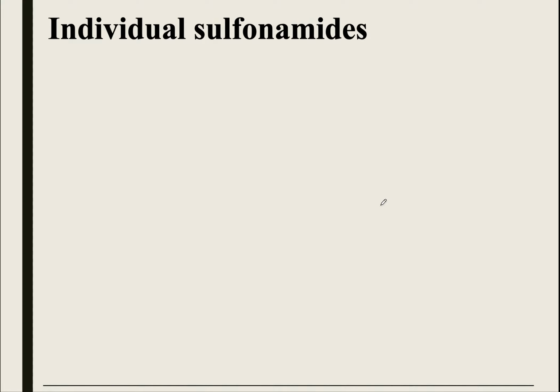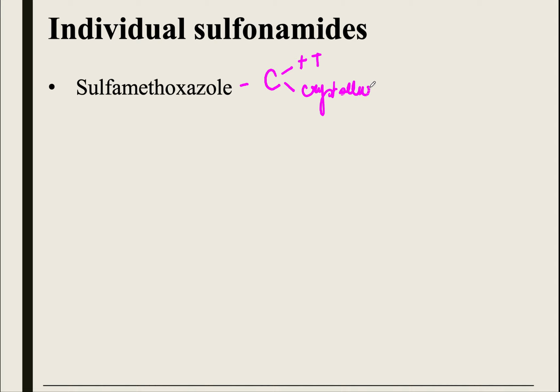Very important lines about each of the sulfonamides. So the first is sulfamethoxazole. This is an intermediate acting sulfonamide, and it has a half-life of around 10 hours. This is the one drug where you remember the C part about it. First, it is used in combination with trimethoprim, and the second C here is the drawback, which is crystalluria.